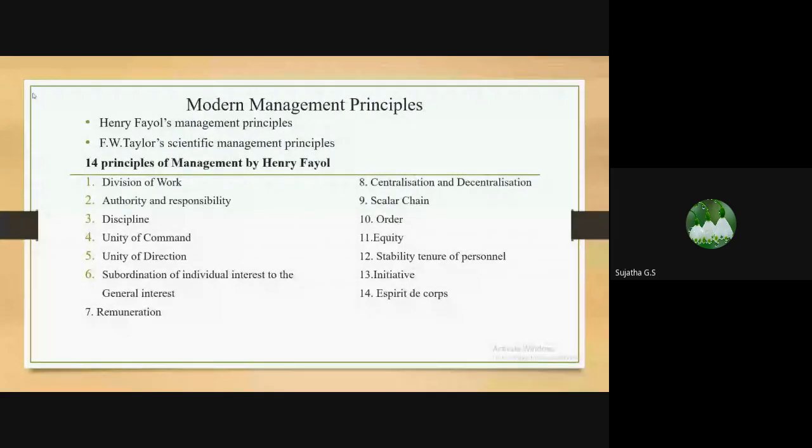First, we are going to discuss principles of management. Henry Fayol wrote the book titled General and Industrial Management. Henry Fayol is known as the father of modern management.